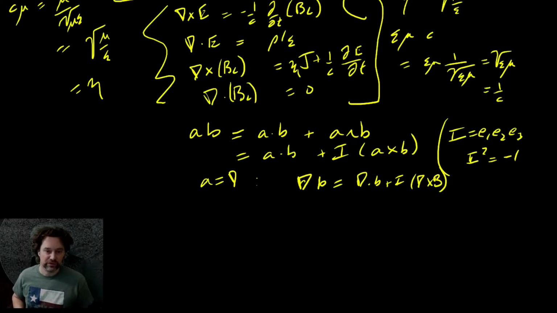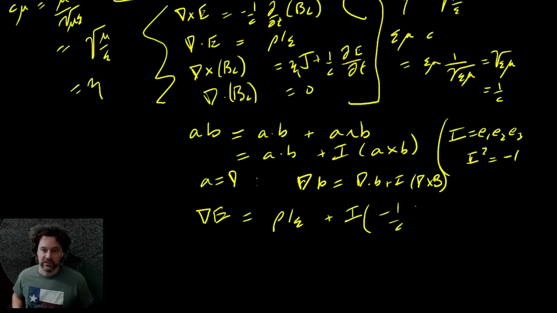So the first one, for the electric field, we have grad E is grad dot E, which is rho over epsilon, plus I times minus 1 over C dBC dt.